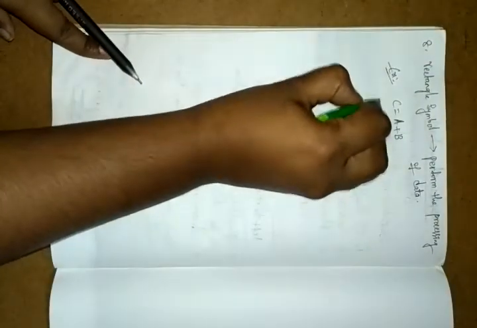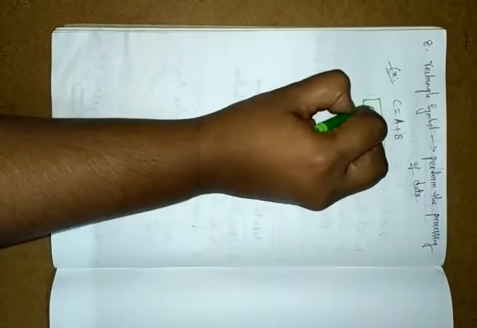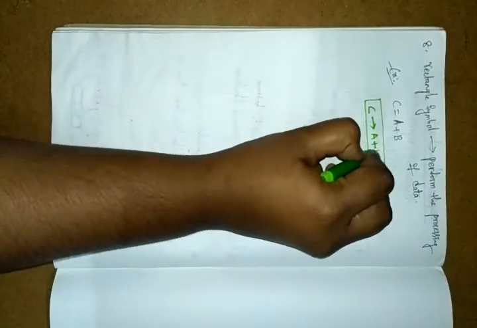We need the a plus b value for c, right? We represent this as c equals a plus b. Here the equal to becomes the arrow mark: a plus b will come to our c value.